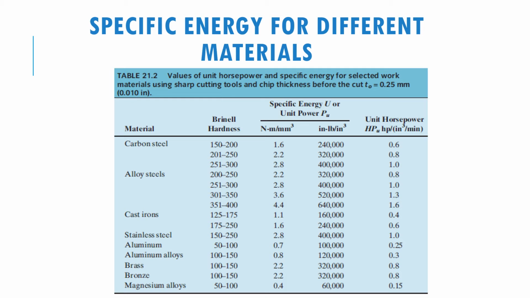So that's the example. If you have, let's say, aluminium, you can just go to aluminium, get the value 0.7 from the table, or horsepower is 0.25 or something like that. Usually in the calculation, if the material is given and the value for specific energy is not given, you can just go to the table.